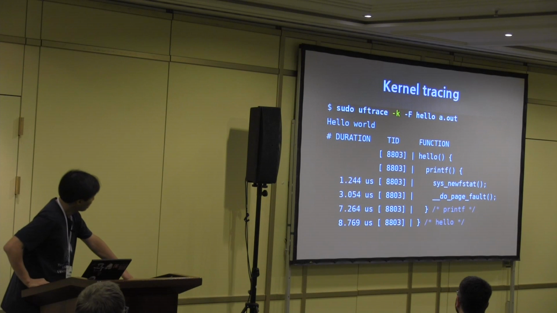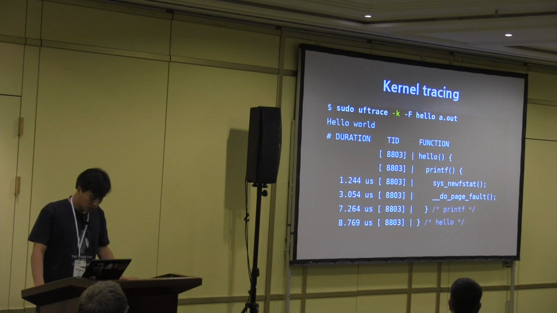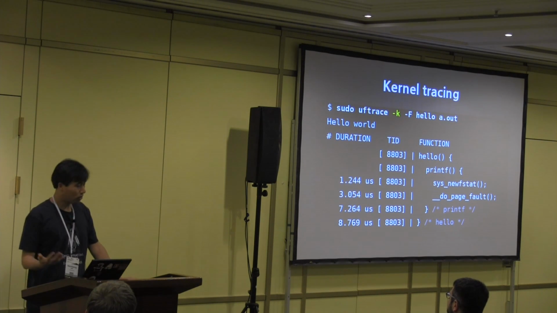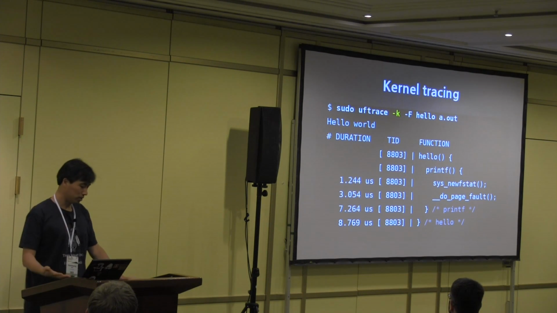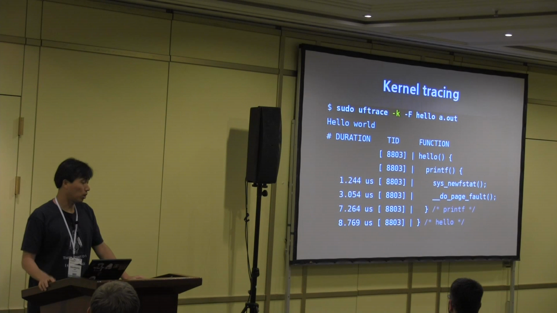And then kernel tracing. With the K option, it can trace kernel functions too. In fact, it will turn on the kernel function graph tracer as well as the userspace tracer, record the data, and display both in sync with the monotonic clock.